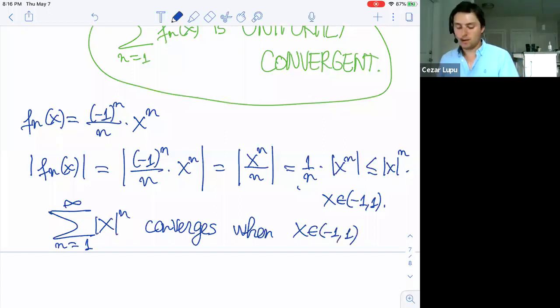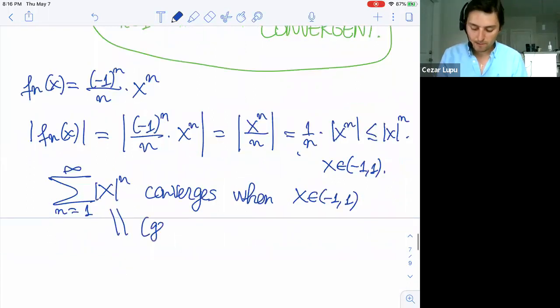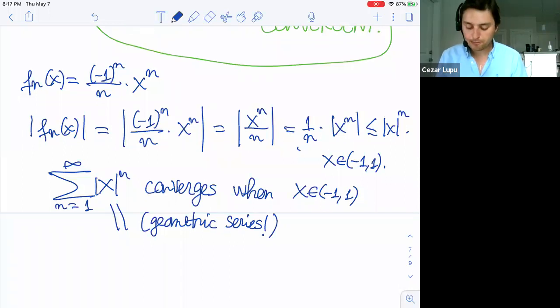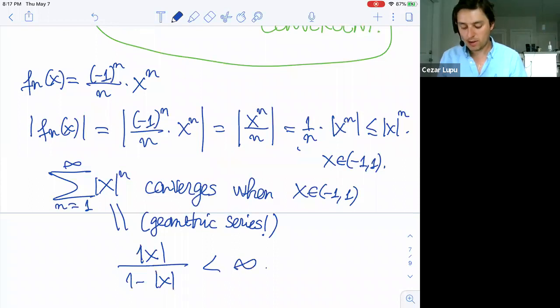This is again the geometric series, disguised for the absolute value of x. Because we start from 1, it is the absolute value of x over 1 minus the absolute value of x, and this will be less than infinity because we know that x is between -1 and 1.